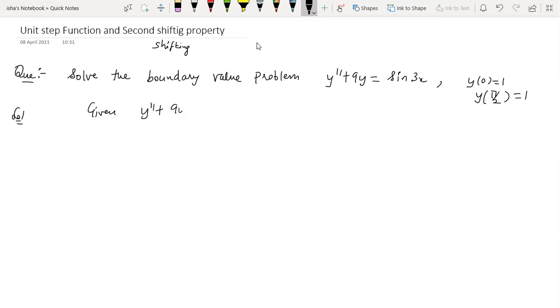y double dash plus 9y is sine 3x. So you take Laplace transform on both sides.